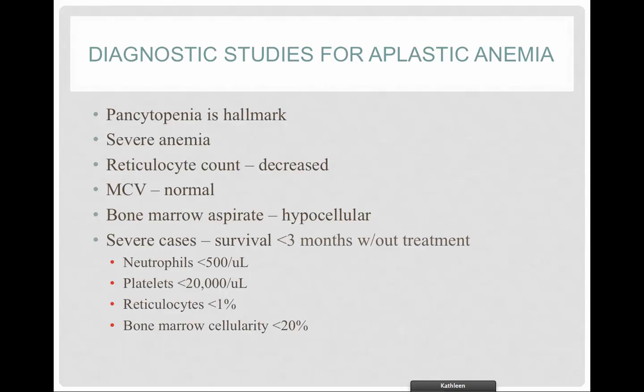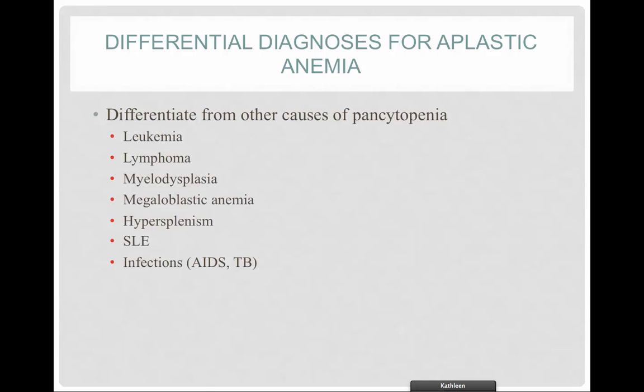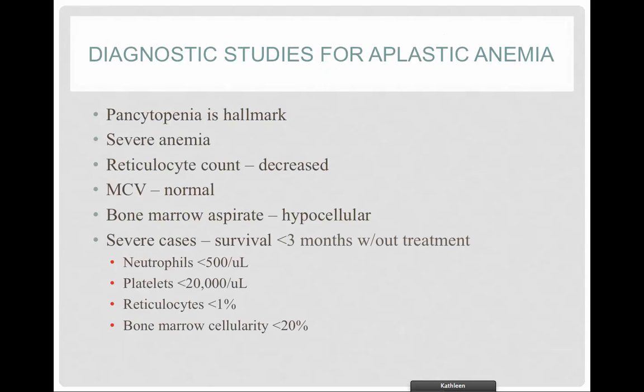And with aplastic anemia, these patients look like, if you've ever taken care of a leukemic patient, this is what they look like. Pancytopenia is the hallmark, and again, that's a reduction in the number of red blood cells, white blood cells, as well as platelets. Severe anemia, retic count is decreased, and that means there's a problem with the bone marrow.